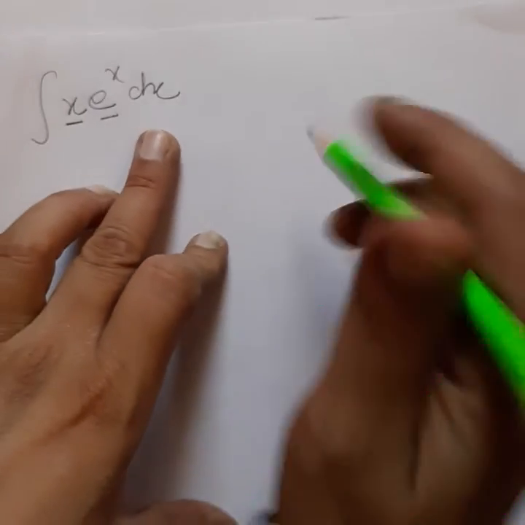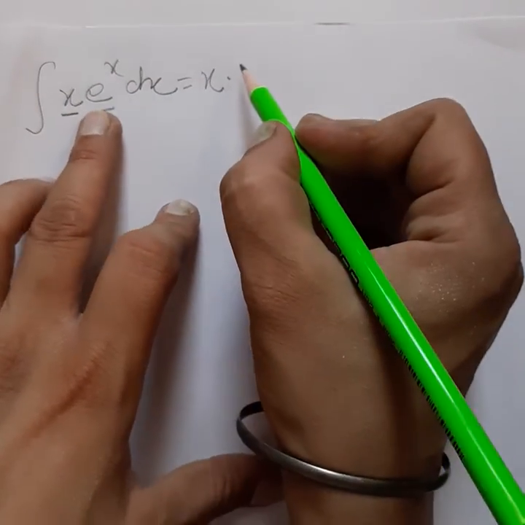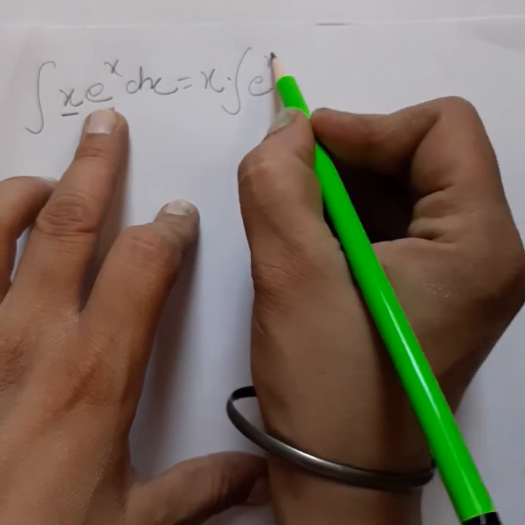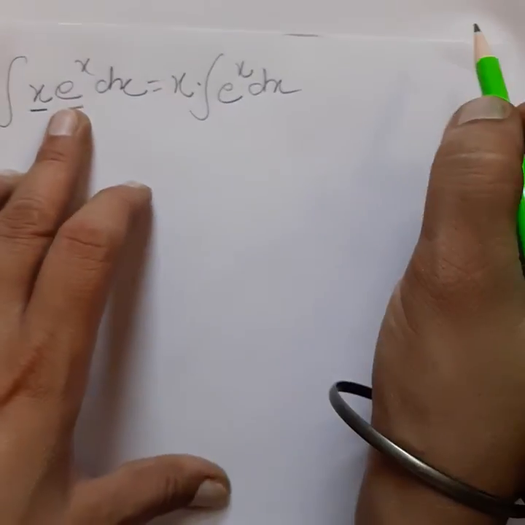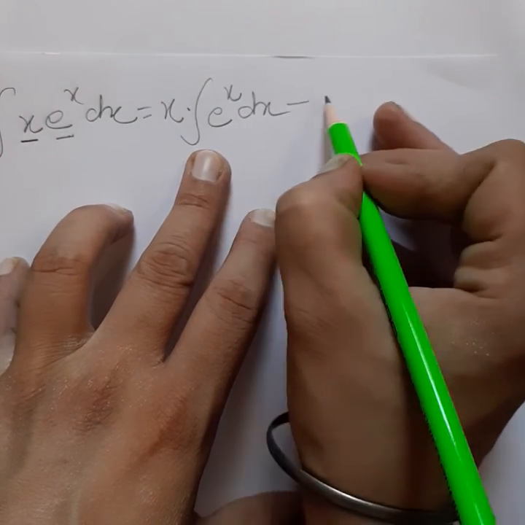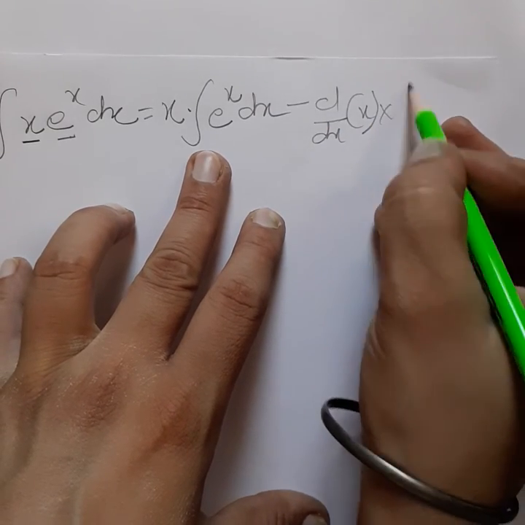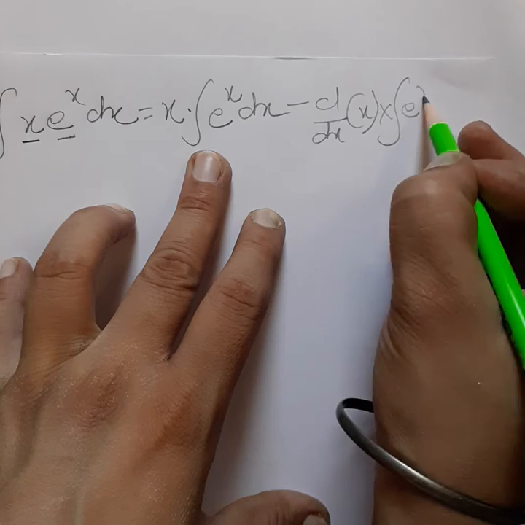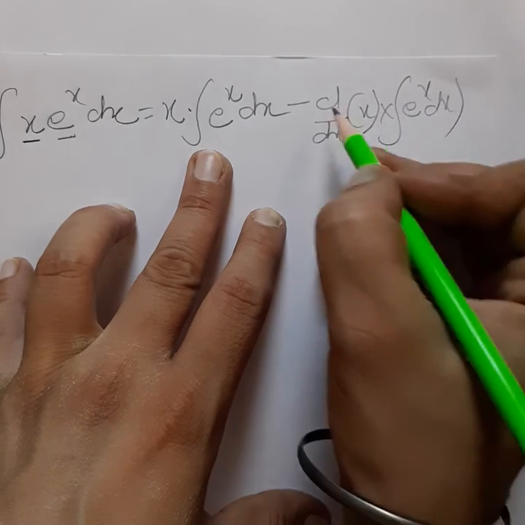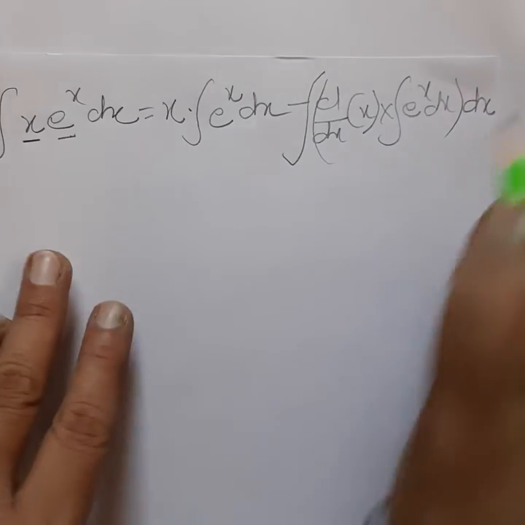So we apply by parts here. For this, we write x as it is, and we take the integration of e to the power x. After that, we take the derivative of x and the integration of e to the power x dx, and after that we can take the whole integration.